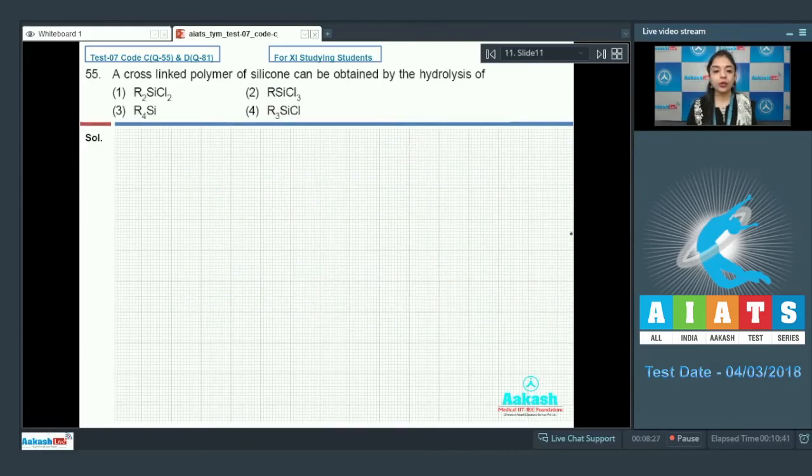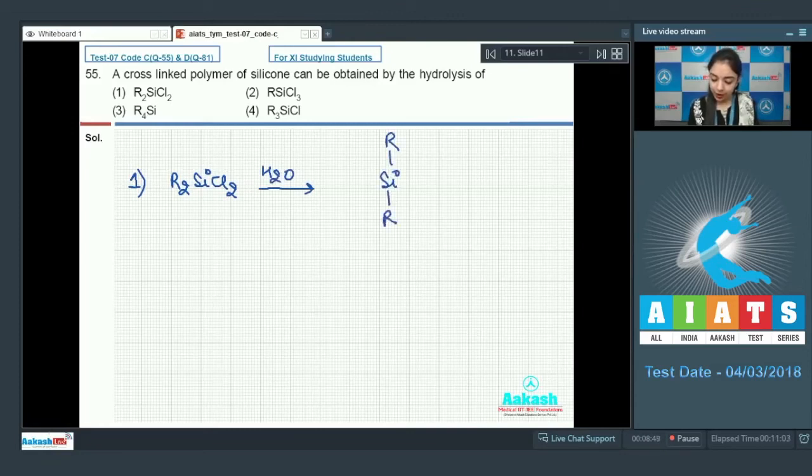So moving on to the next one now, we have question number 55, which says that a cross-linked polymer of silicon can be obtained by the hydrolysis of. Fine. So in the first case, we have R2SiCl2. Fine. So on hydrolysis, it forms R2Si(OH)2.